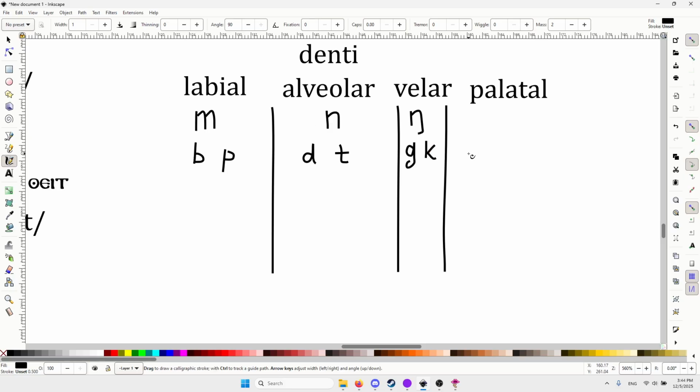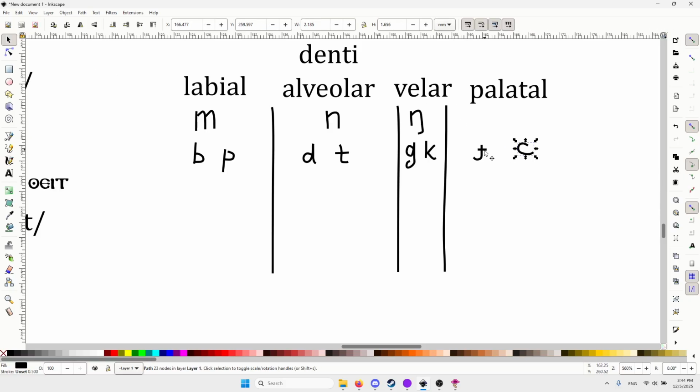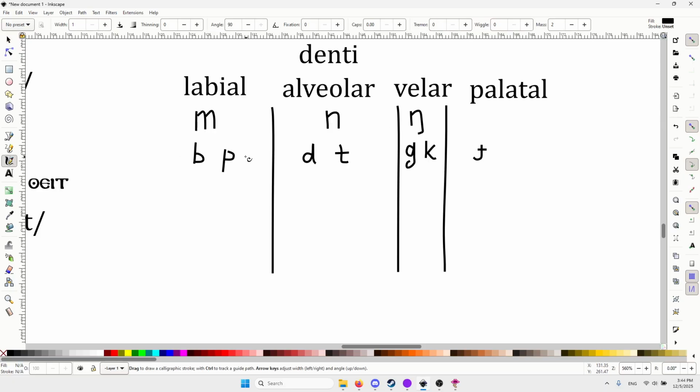For the palatal, we have this C-looking thing, and another that looks sort of like this. Gothic doesn't have the C, so you don't need to worry about that. I can't remember exactly how this is written, but it's like a dotless J. Then we have labial, we have the and f.